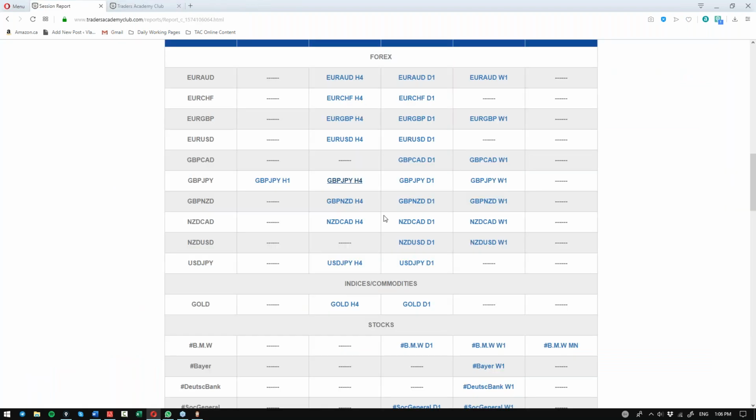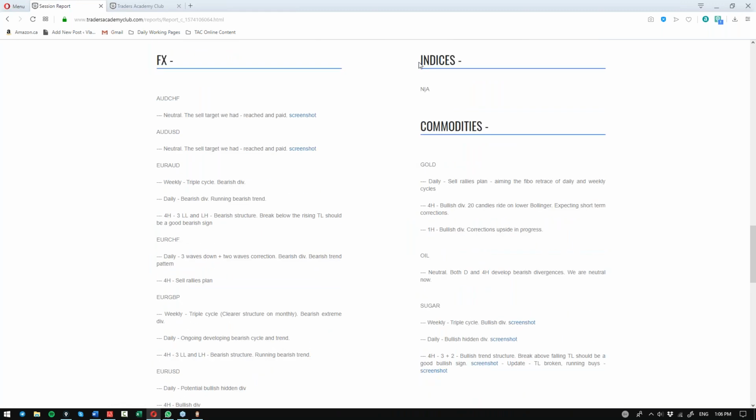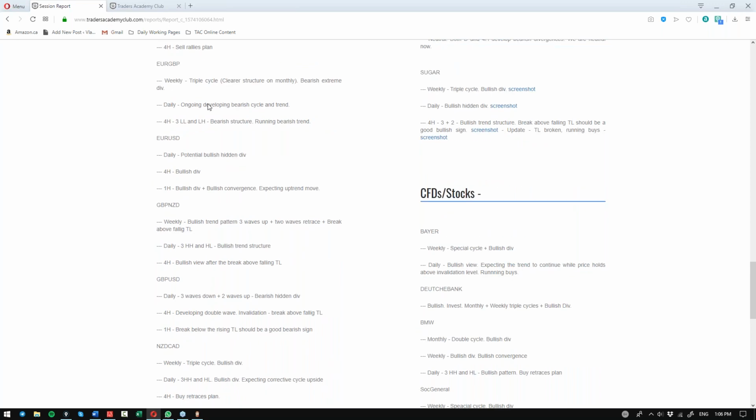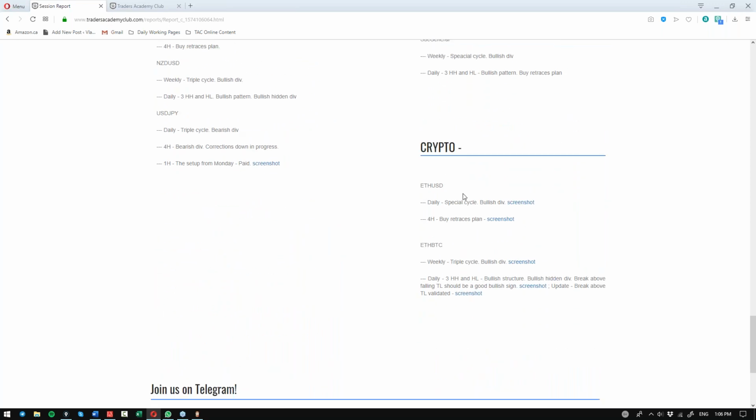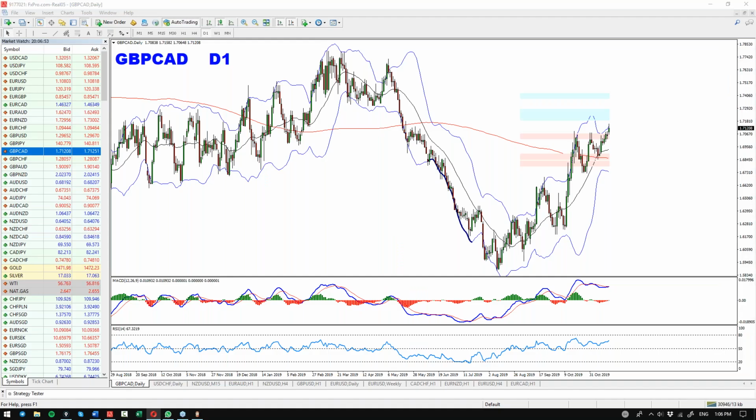Now, this report is a summary of what's discussed in the live trading rooms, so you will find basically everything summarized here. And this is a bit deeper explanation with the terms and the explanation about every single time frame. So let's begin. Let me just move it to the other screen so it does not interrupt us, and we can start going.